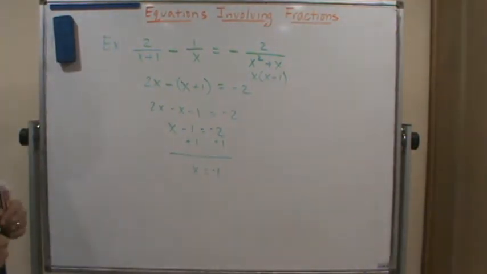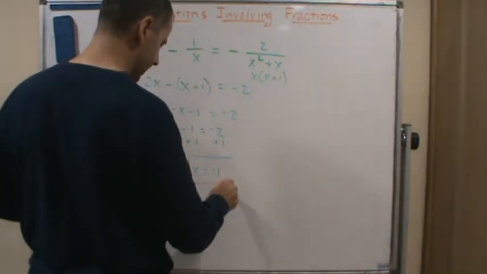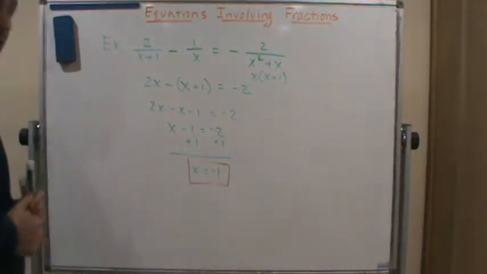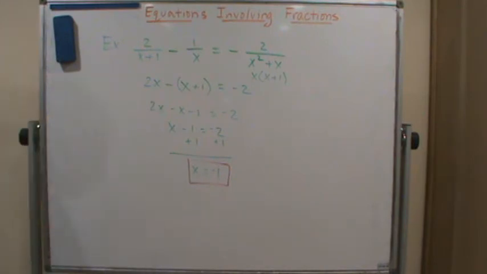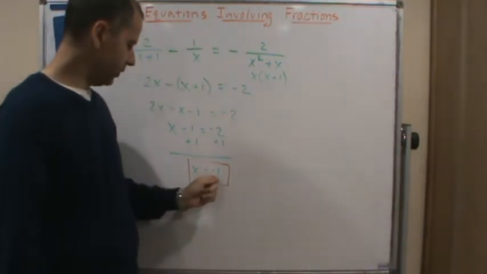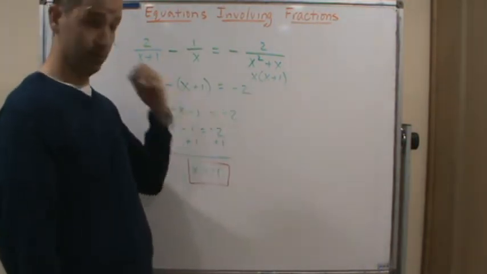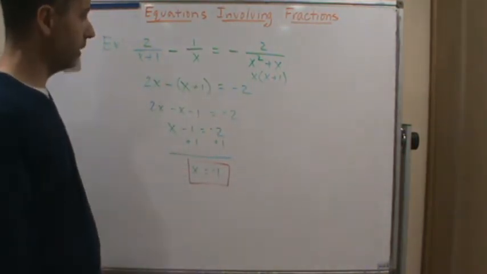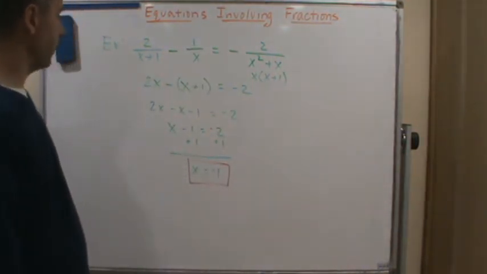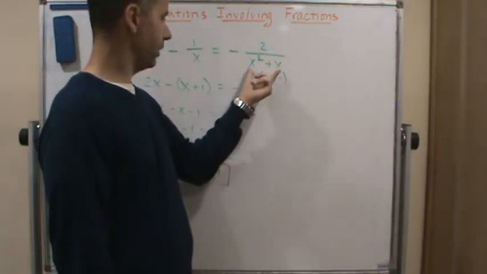And you'd be like, okay, that's my answer, right? If you did that, you'd be wrong. Because look at this negative 1. Go back to the original equation. What happens if I plug in negative 1 here or negative 1 here?